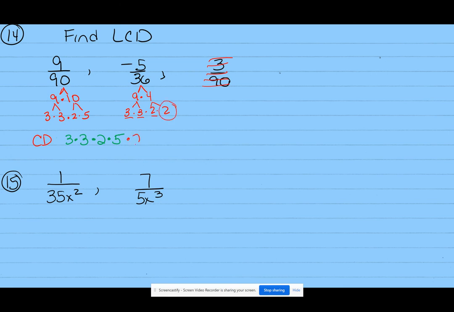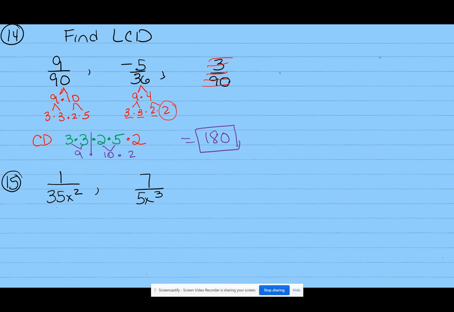So there we go. That's my common denominator. Multiply all those numbers together, and let's see what we get. I'm going to get 9 times 10 times 2, which is 90 times 2, which is 180. So my common denominator for 90 and 36 is 180.